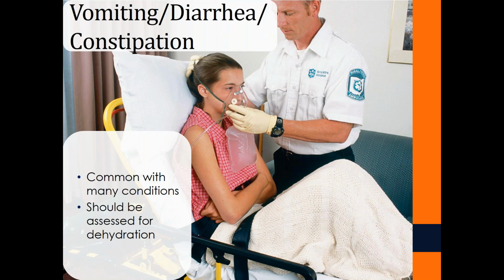People that are really young, people that are really old, do not do as well in most situations as the middle of the road. Our young patients, they don't have enough volume. They don't have enough fluid reserve. So with a child, just a few hours of nausea, vomiting, diarrhea without being able to replace any fluids is going to be problematic.